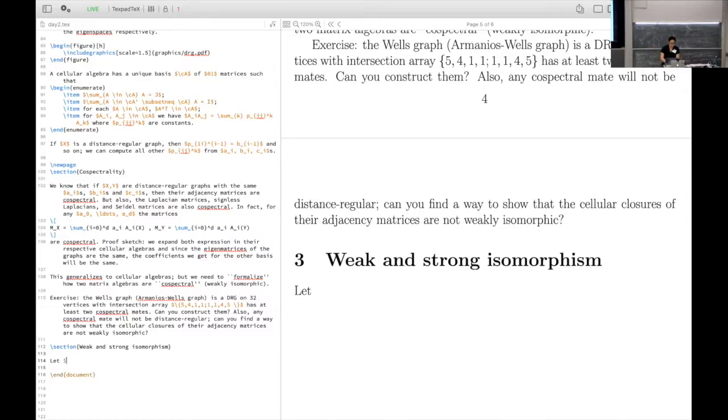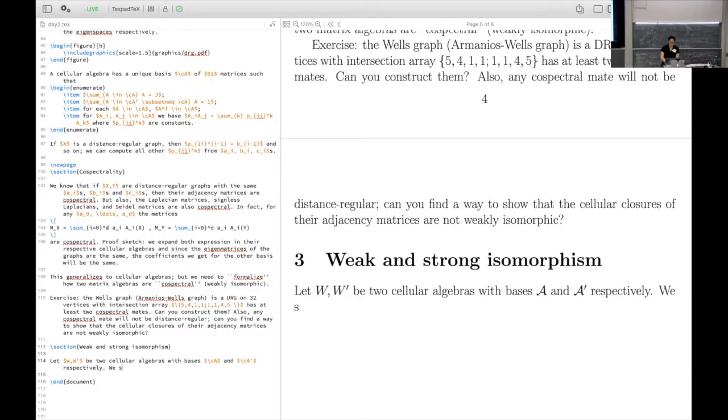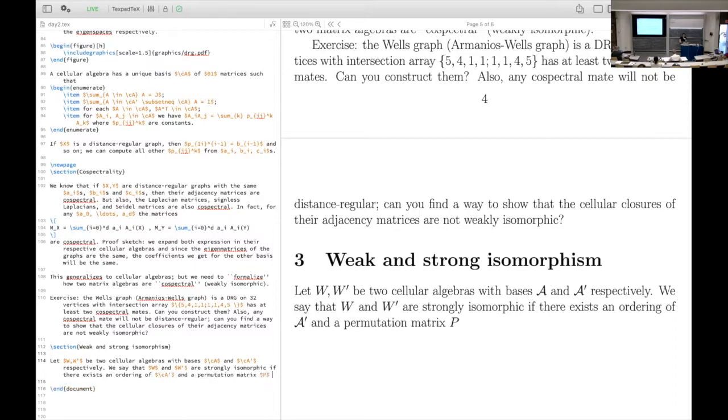So let W and W prime be two cellular algebras, with bases script A and script A prime, respectively. Then we say that W and W prime are strongly isomorphic if there exists an ordering of script A prime and a permutation matrix P such that, okay, so what have we achieved?